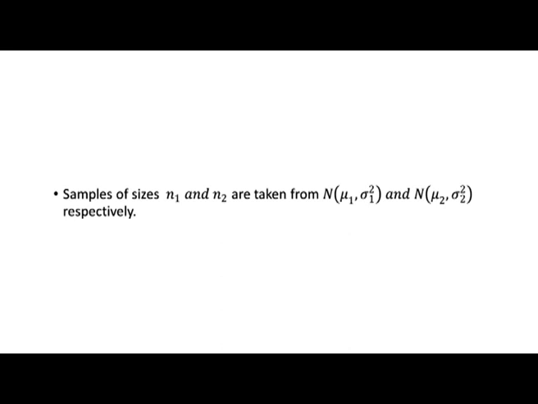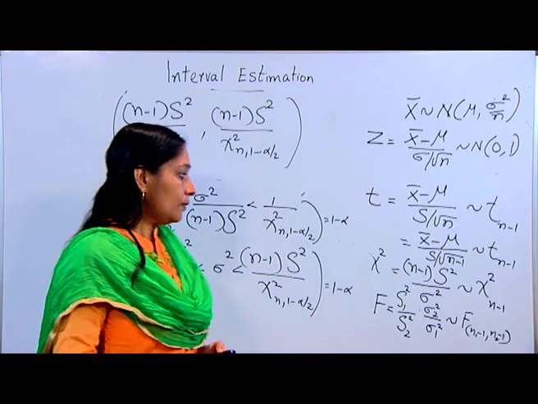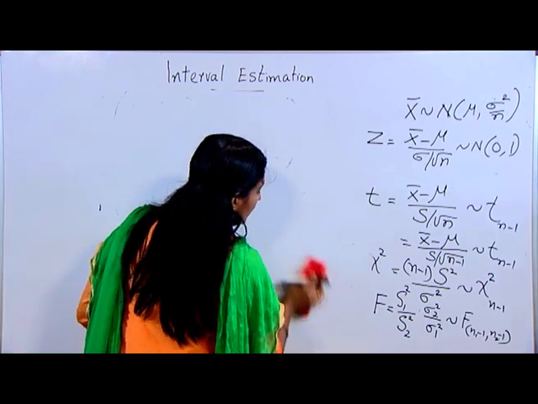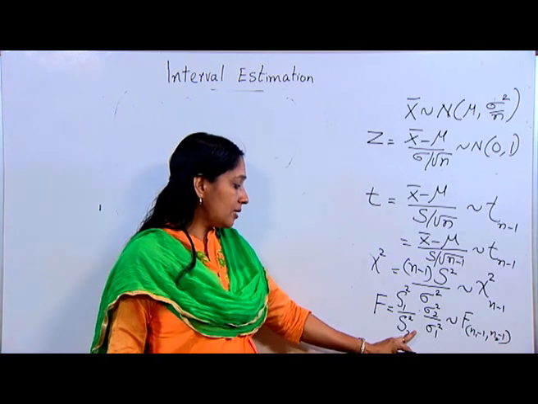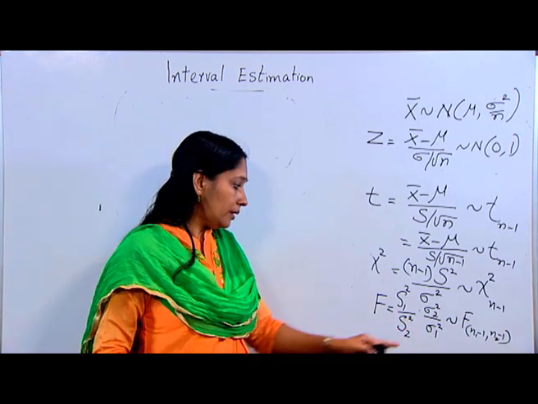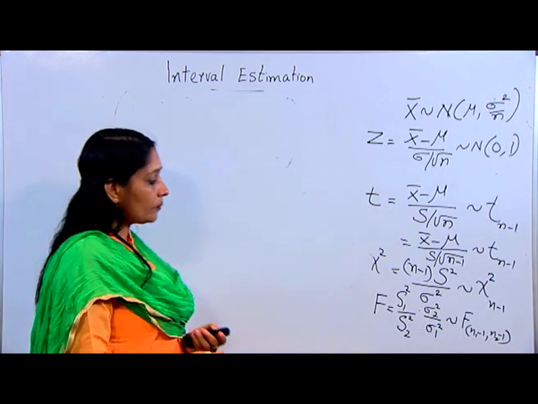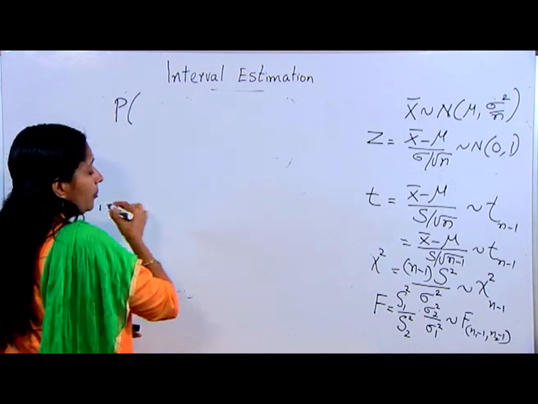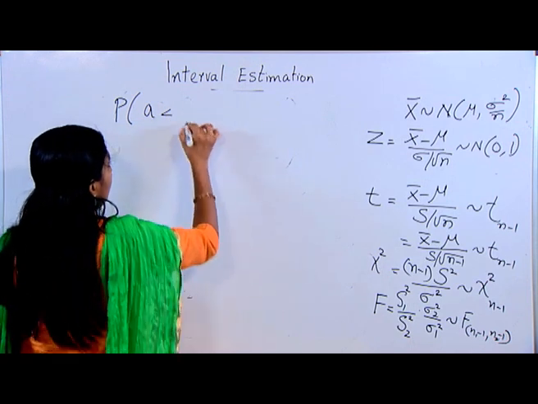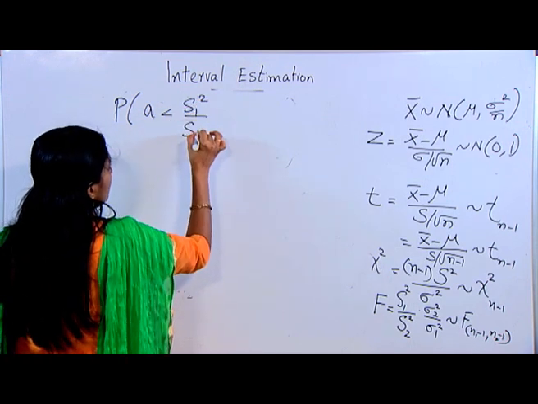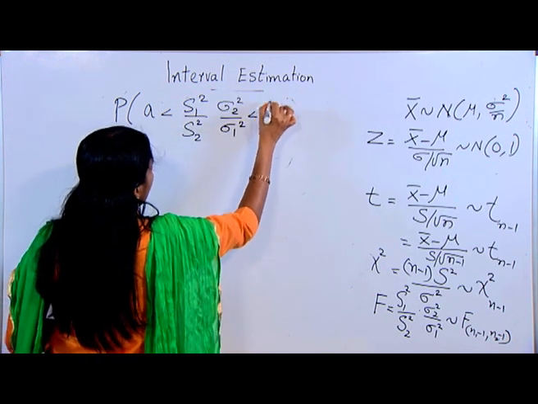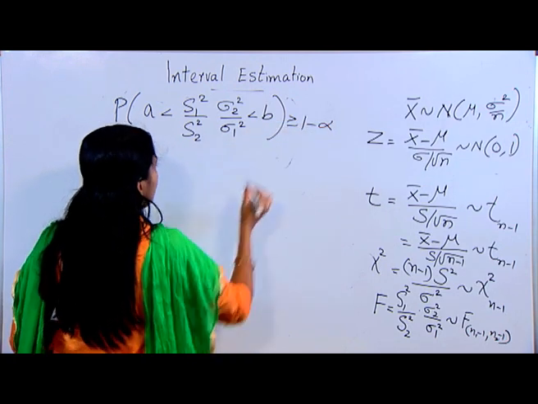Next, we consider the construction of confidence interval for the ratio of variances. In the case of the ratio of variances, we use the statistic F is equal to s1 square by s2 square times sigma 2 square by sigma 1 square, which is following F with n1 minus 1, n2 minus 1 degrees of freedom. Then the probability of a less than F, that is s1 square by s2 square sigma 2 square by sigma 1 square, less than b is greater than or equal to 1 minus alpha.